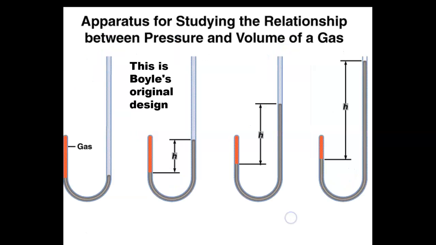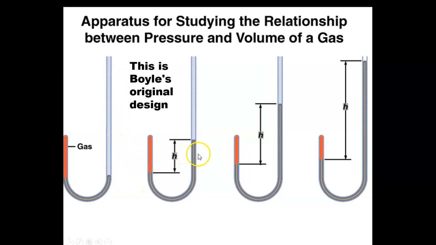This is the apparatus, the original Boyle design of the apparatus used for studying the relationship between pressure and volume of a gas at constant temperature. As you see, there is a gas here, and he used mercury. There is mercury here in the U-tube, and originally you start off with the volume here of the mercury such that the levels are the same, and therefore the pressure is the same as atmospheric pressure.